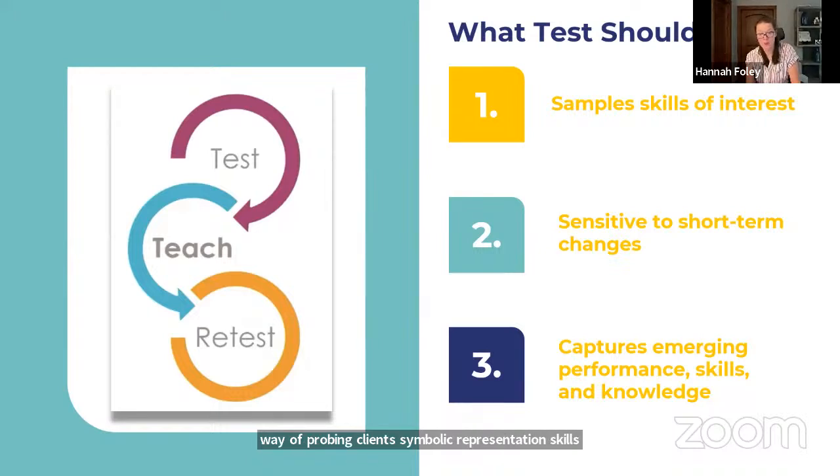We want to be able to capture emerging skills, knowledge, and performance. We want to be able to rate something on a scale, per se. Is the communicator's response close to the target? Is it exactly the target, or is it completely different from the target? This helps us to capture what the communicator is learning in a very short amount of time.